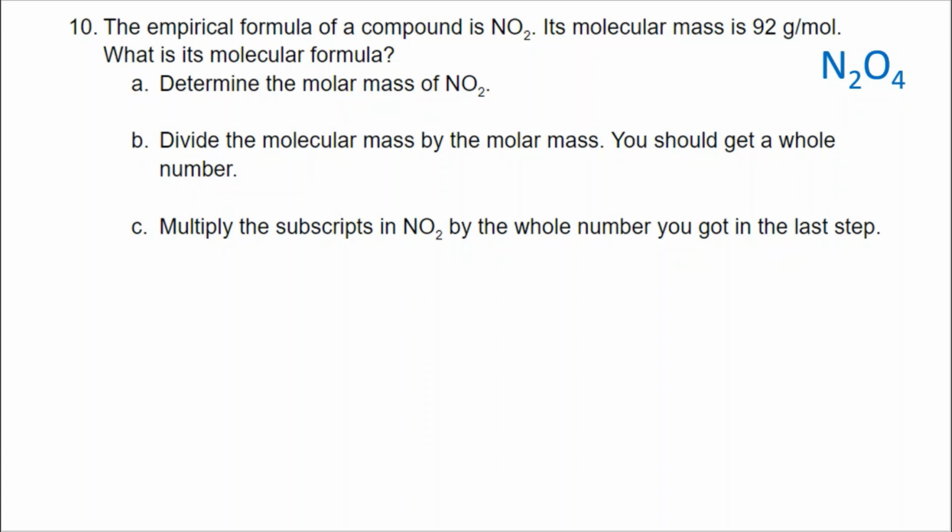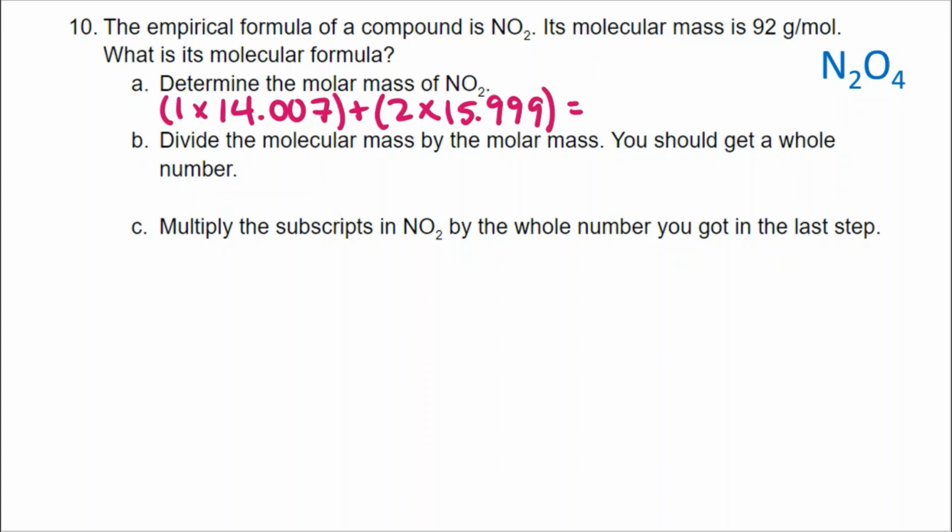So to solve these types of problems, we need to find the molar mass of NO2. So I've got one nitrogen, and that has a mass of 14.007. And I'm going to add that to the mass of 2 oxygen atoms. I'm just getting those numbers from the periodic table.